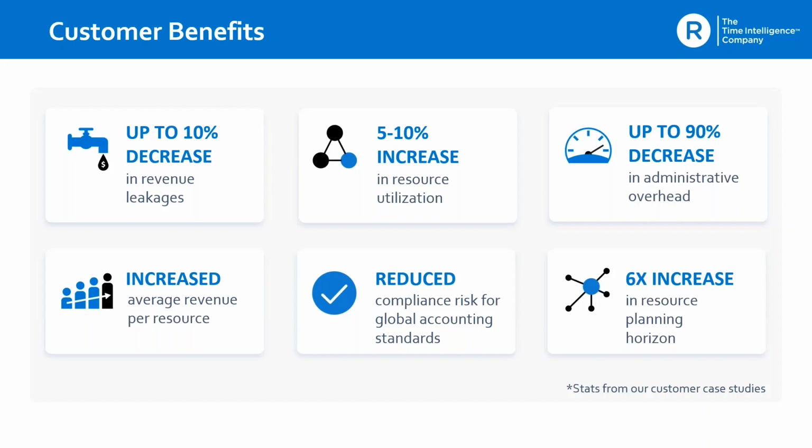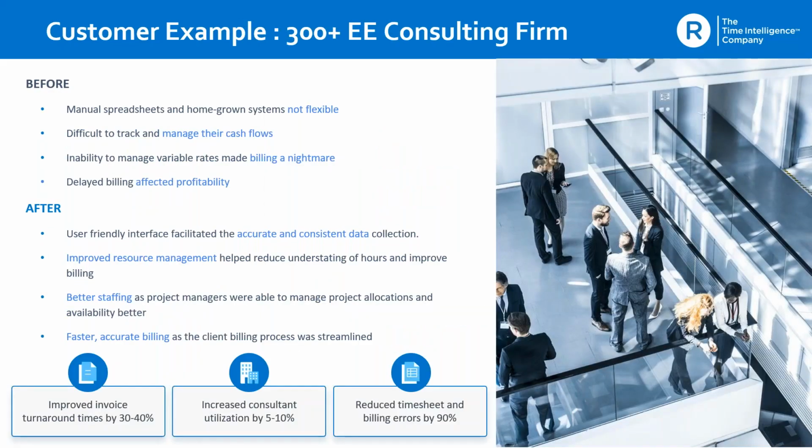Here's a quick example of one of the recent 300-person organizations that onboarded with Replicon very recently. Before reaching out to us, they were managing time with manual spreadsheets and a homegrown system. It was difficult for them to track and manage cash flows, and they had delayed billing that started affecting their profitability on the whole. But after implementing Replicon, they were able to track accurate and consistent data.